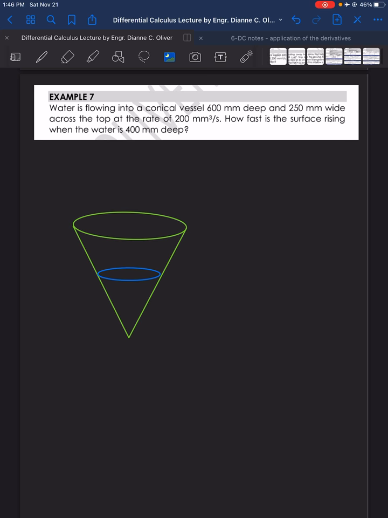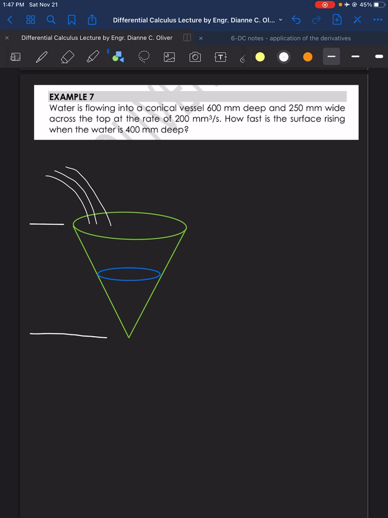So that is our drawing. Water is flowing into this conical vessel. And what is the rate? Well, it says there, water is flowing into a conical vessel 600 mm deep.